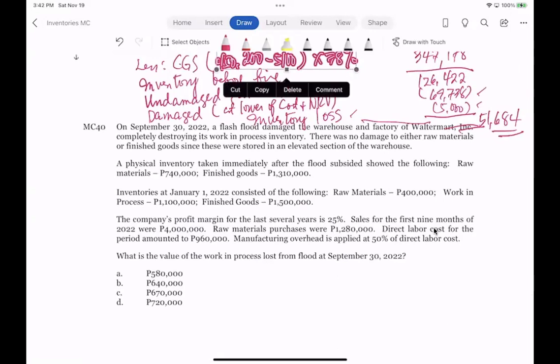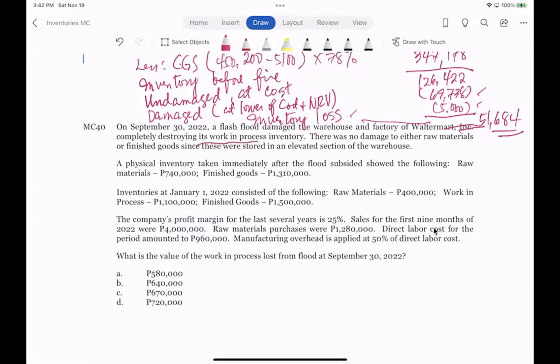The flood completely destroyed its work in process, so any work in process that we may compute at September 30, 2022 is the fire loss. There was no damage to either raw materials or finished goods since these were stored in an elevated section of the warehouse.